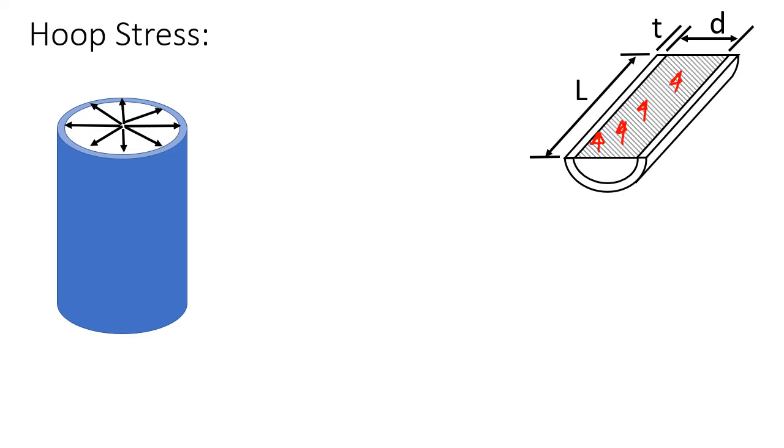So if we cut the cylinder in half, we'll end up with pressure inside pushing up from that section surface. So that internal pressure, we'll call that P, and pressure equals force over area.